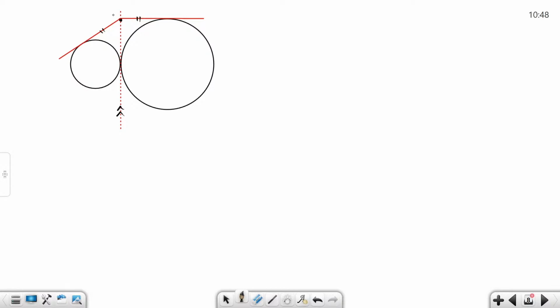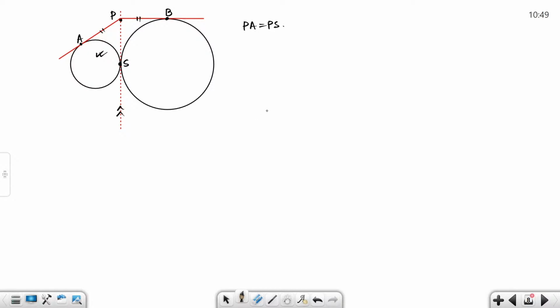Let us say the arbitrary point that I have chosen on the transverse common tangent is P. And let the tangent drawn to the first circle have point of contact A, and that of the second circle be B. And the point where the transverse common tangent is touching both the circles, let us say that point is S. So now if we consider the first circle, we can easily see that PA is equal to PS.